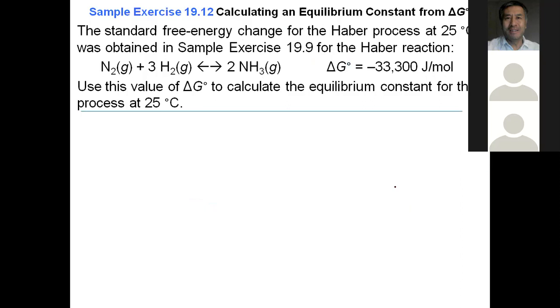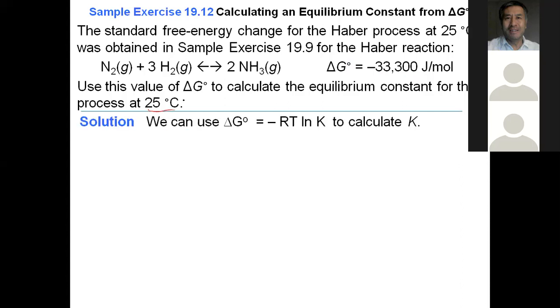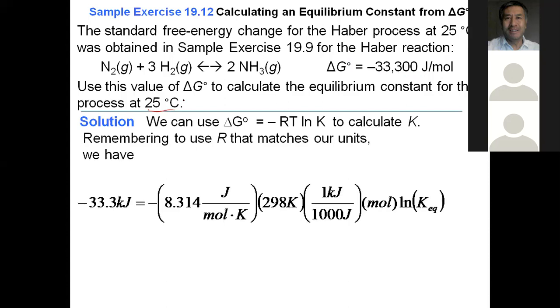For this question, if I give you delta G as negative 33,300 and you want to calculate the equilibrium constant at this temperature, 25 degrees Celsius, we use this equation. Remember the R number, 8.314 joules, while this is in kilojoules.